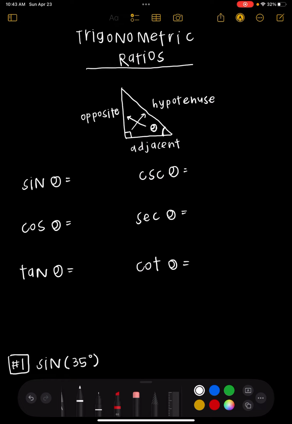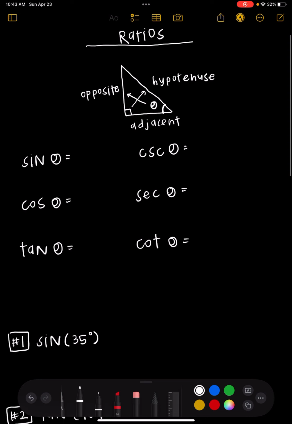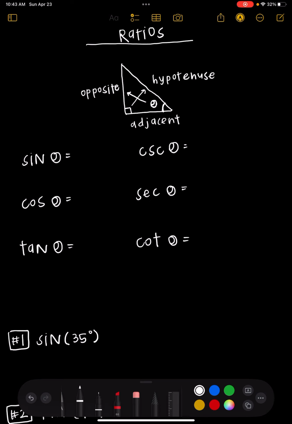The reason we label it this way is because now we can come up with these trig ratios. We've got six different trig ratios: sine, cosine, tangent, cosecant, secant, and cotangent, and they all help you with different things. You don't necessarily have to memorize them, because I will be giving these to you on your exam, but you'll use them quite often, and I think you'll end up memorizing at least a few of them.